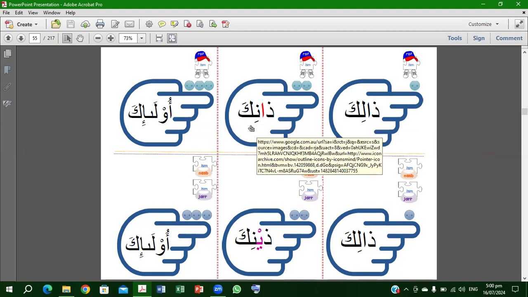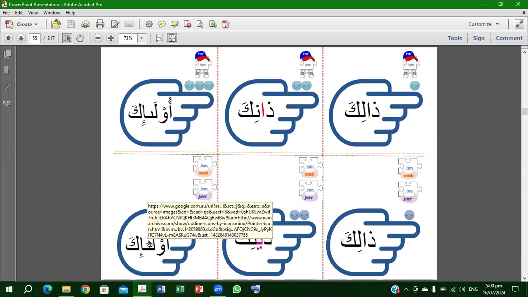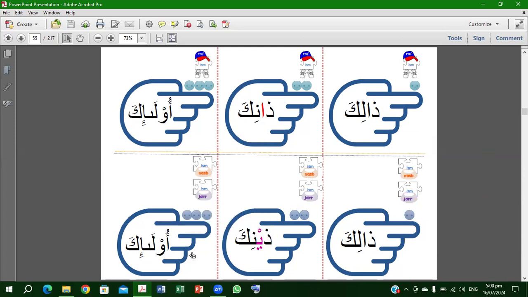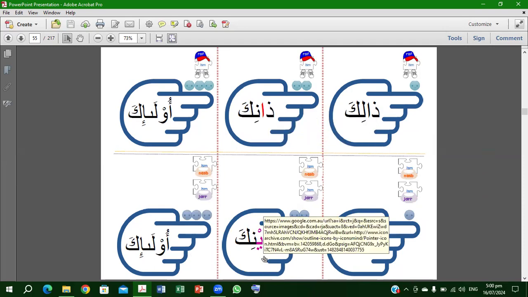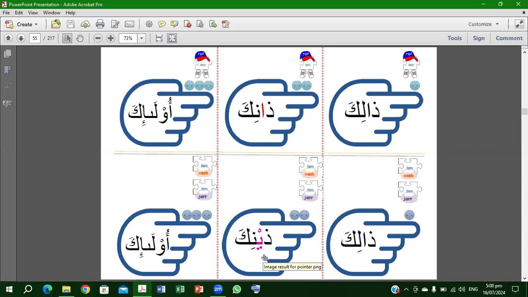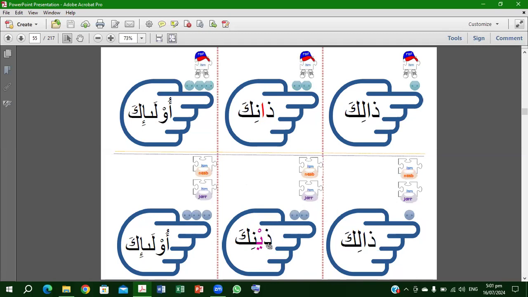Dhanika, they two, or Ulaika, they all. This is all for male. Similarly, for halate nasab and jar, dhalika and ulaika are exactly the same, but dhanika has changed into dhainika, like hadhani was hadhaini. So here also dhanika is dhainika.